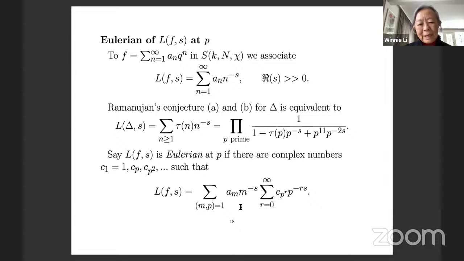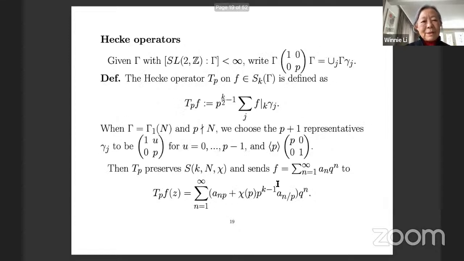Okay. So we ask when this can happen. To answer this question, Hecke introduced the Hecke operators. Okay. So for any finite index subgroup of SL_2(Z), we can take the double coset of (1 0; 0 p) with both.